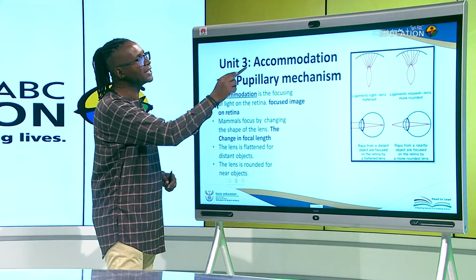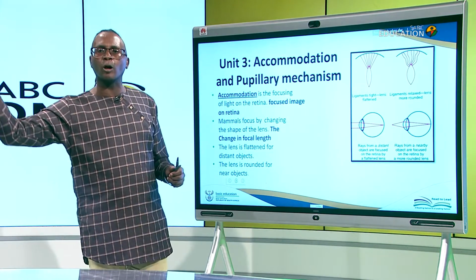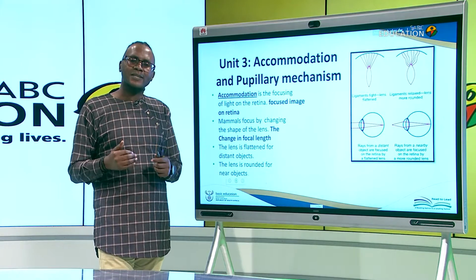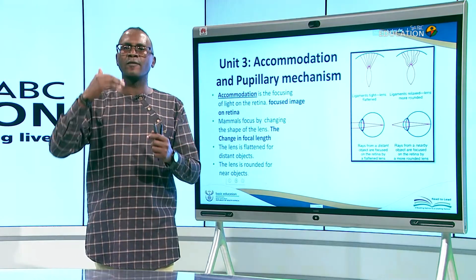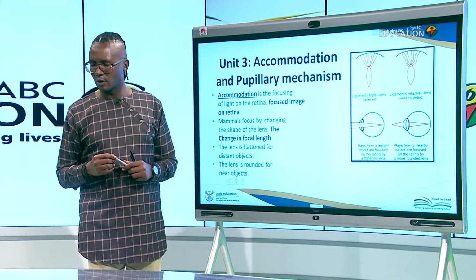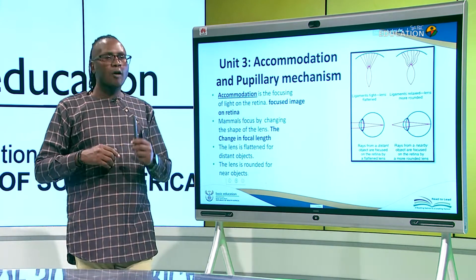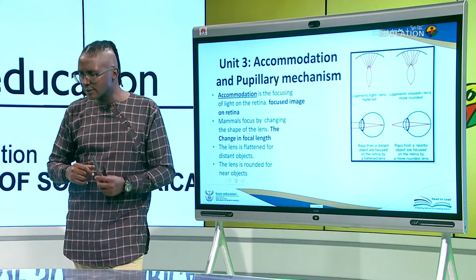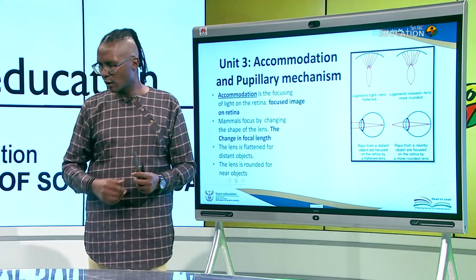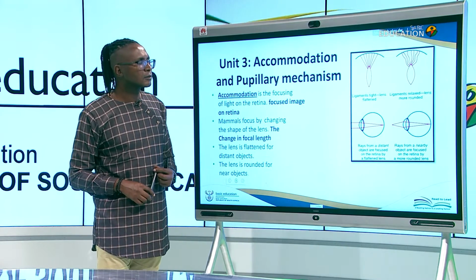Now, accommodation, not accommodation hotels and all those things. Accommodation in life science has to do with near and far vision. So it refers to focusing light on the retina.